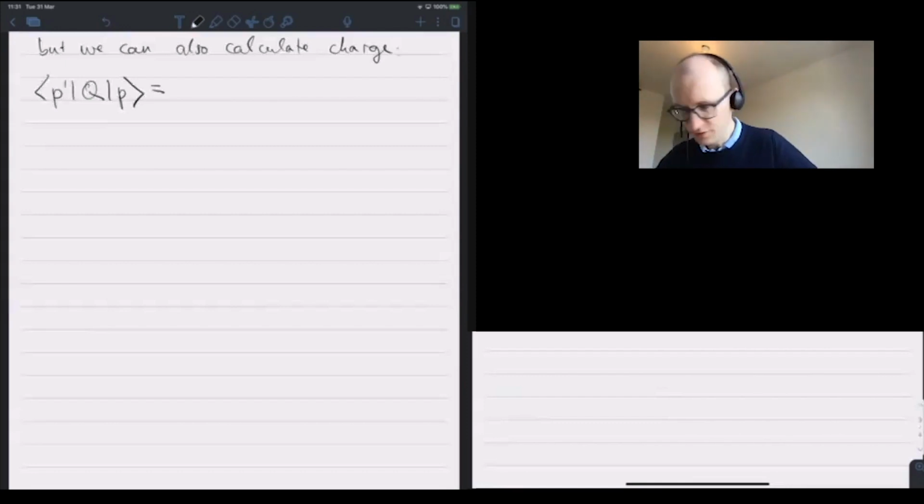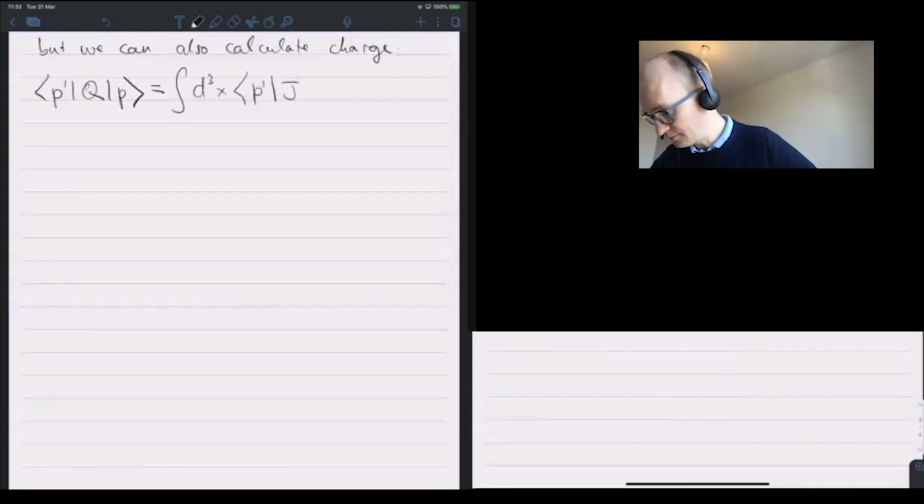That is equal to, well, I've written it before, we can write the charge operator as the integral over the 0 component of the current. So the current here is, of course, J0. So J0 is the 0 component of T and X, P.